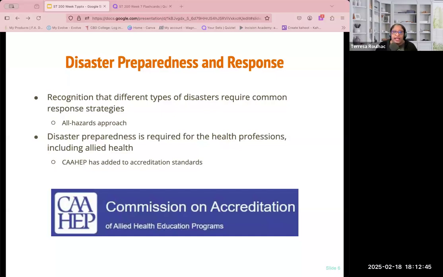To ensure allied health professionals are equipped, groups like CAAHEP, which is the Commission on Accreditation of Allied Health Education Programs, have added disaster preparedness training to their accreditation standards for all ST programs. This just helps all of you when you become new STs at your hospitals, that you have the education on emergency protocols and procedures, and it makes you just that much more of a valued member, especially in those times that things are going crazy.